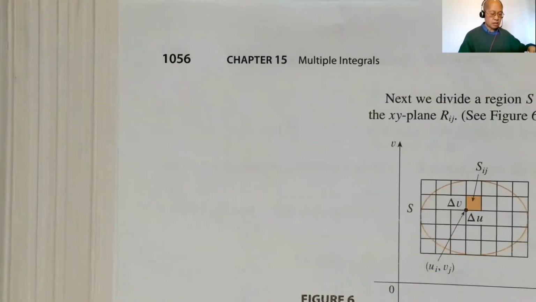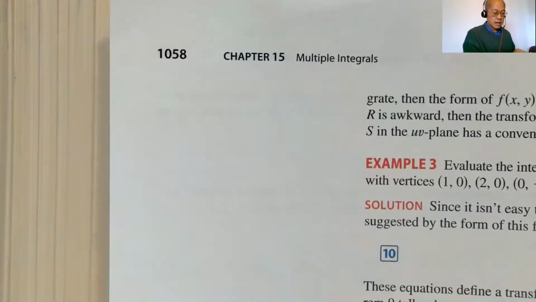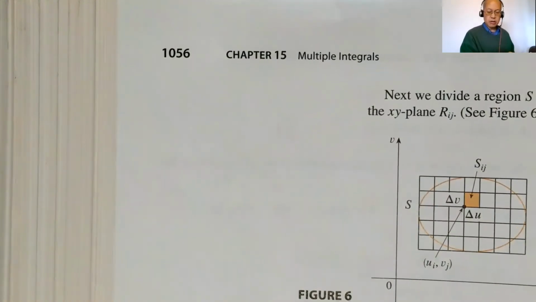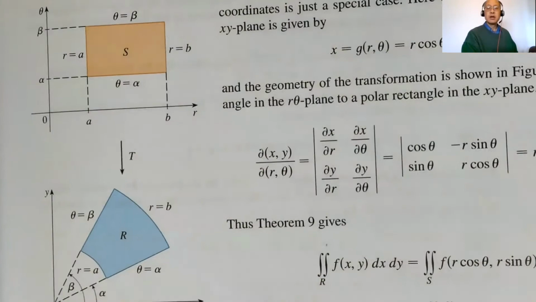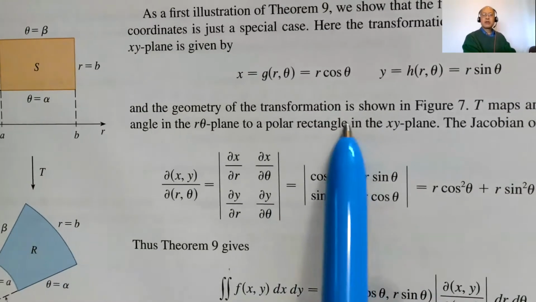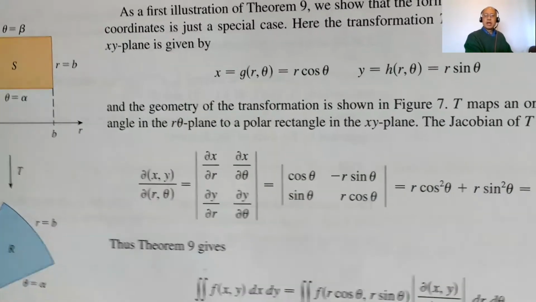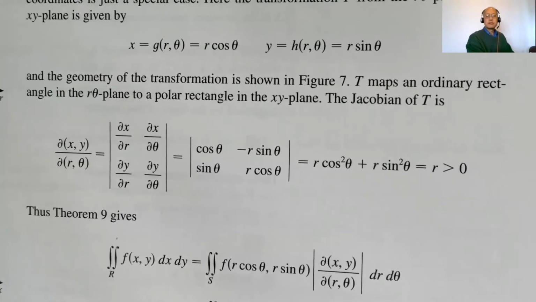And a side note, as you might guess, when you go to cylindrical coordinates from x, y to r, theta, x is r cosine theta, y is r sine theta, they did the Jacobian over here, it comes out to be r.